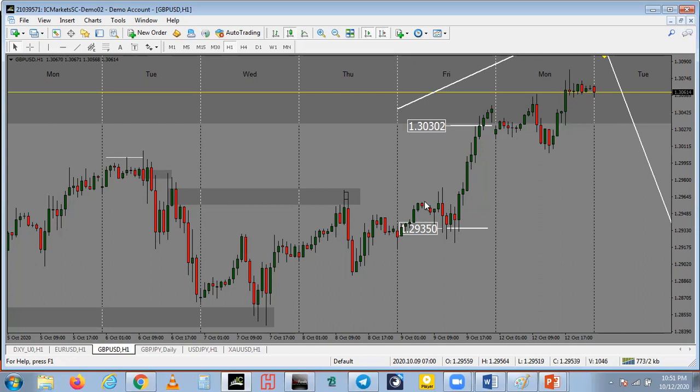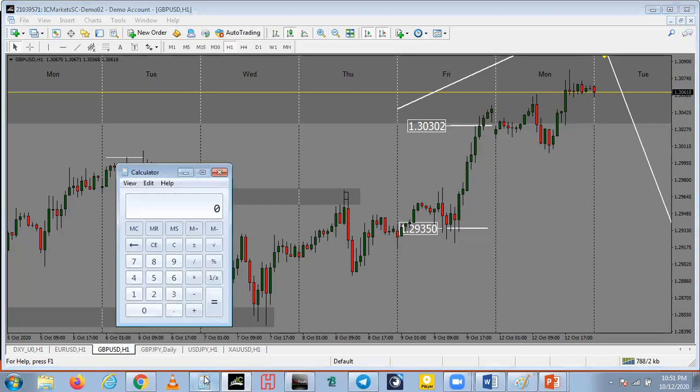Now let's see how many pips you've actually made from just this movement, from this buy up to this place. So you subtract them: 1.30302 minus 1.29350. Your answer is 0.0952.